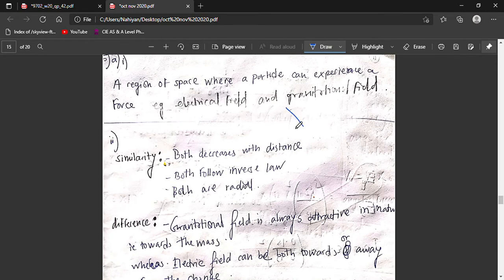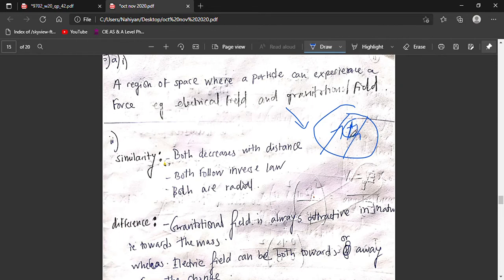So what it says is, it's a space where you will find fields, like electric fields or gravitational fields, and in those fields you will experience a force. For instance, if it was an electric field and you kept a charge here, the charge would experience a force.